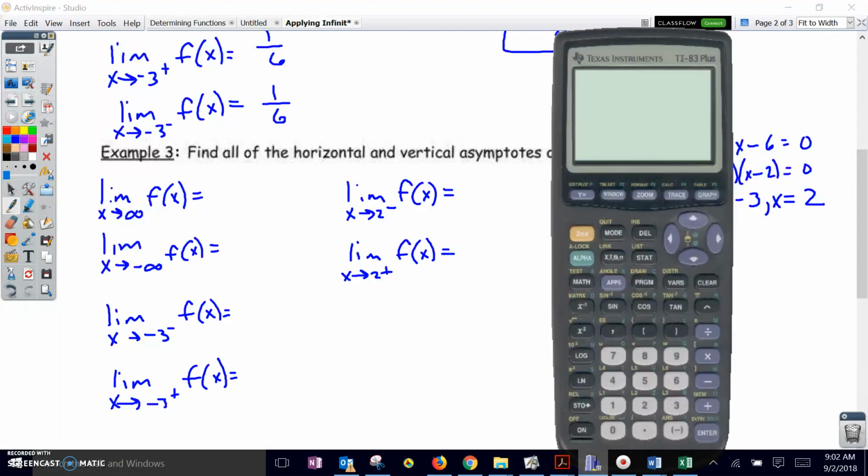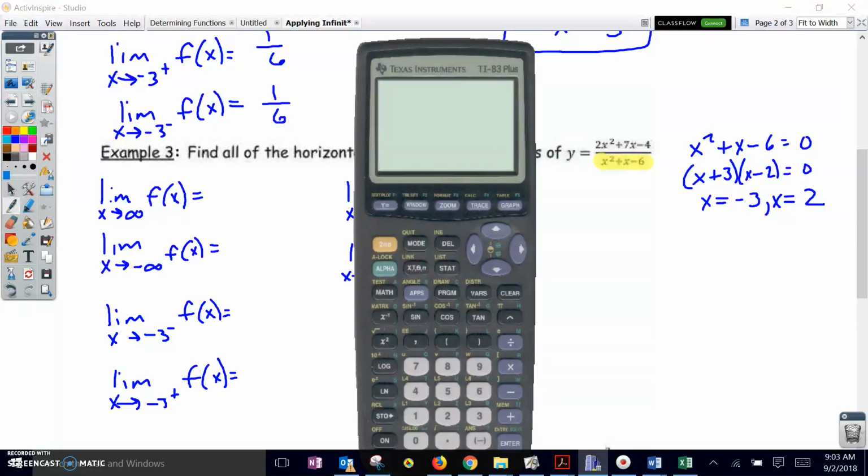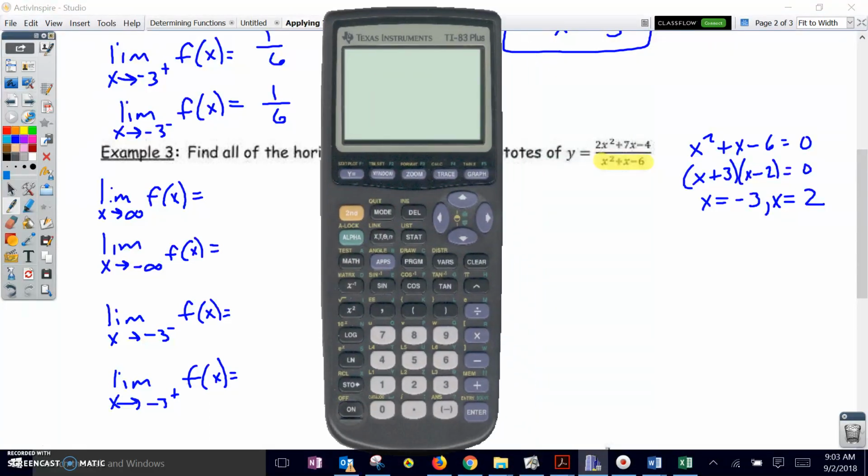So I'm going to pull out my calculator, and I'm going to type into my y equals screen my function. So I've got a quantity 2x squared plus 7x minus 4 over quantity x squared plus x minus 6, and set up my table.